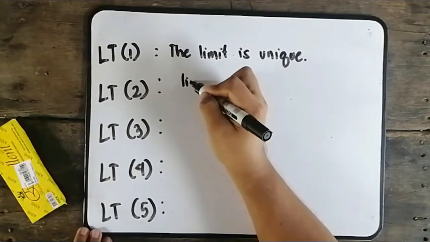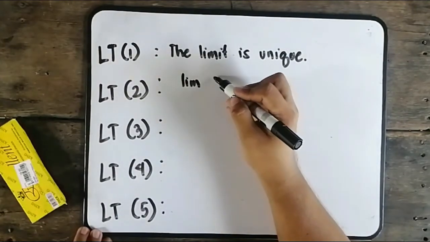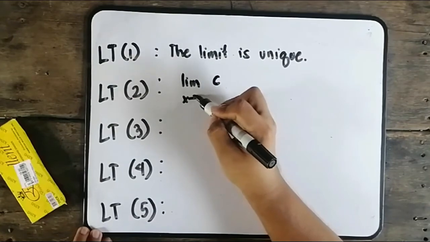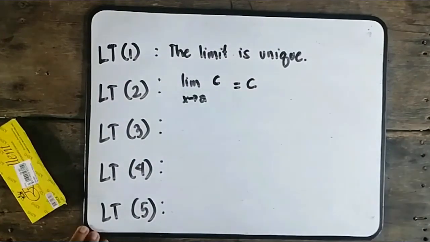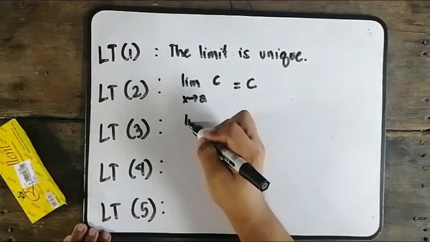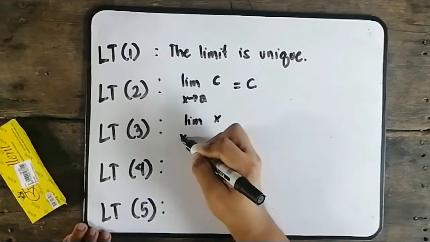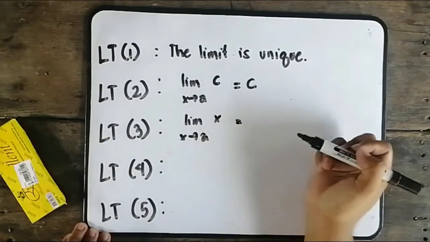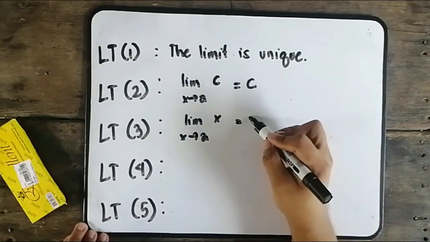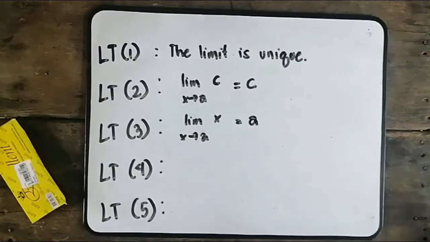Okay? The limit ng constant as x approaches any a is equal to itself. Limit theorem number 3 states that the limit of x as x approaches a, eto gagawin mo lang, substitute mo lang si a kay x. So that is a.